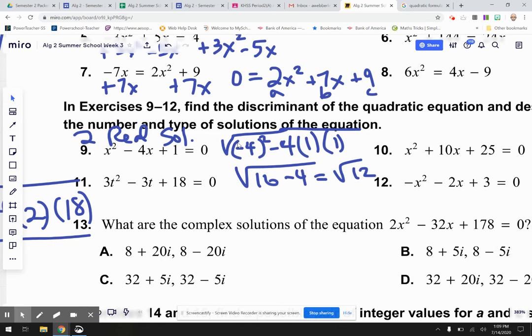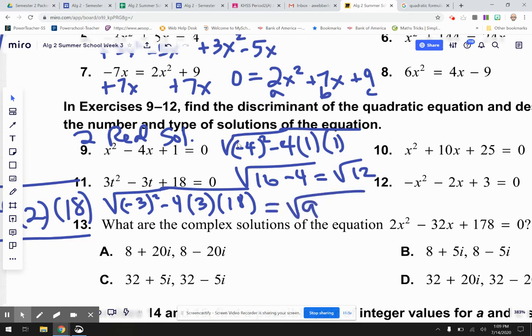Number 11, let's see, I can slide that in underneath it. Okay, so b squared would be negative 3 squared minus 4 times a is 3 times c is 18. So you're going to get a negative number here because 3 squared is 9. 12 times 18 is a big number.